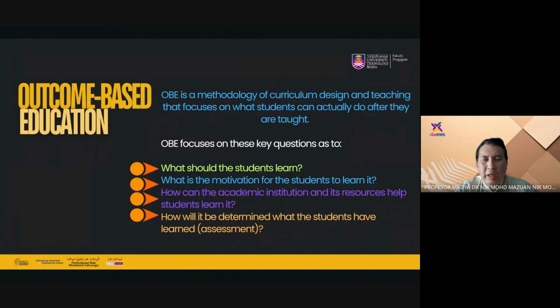If you have an MQA visit to check your program, they look into this matter quite seriously. What do you supply to your student for them to learn? We need to support the learning because this is student-centered learning. We put all the resources and let them learn on their own, at their own pace as well, within a certain time limit.